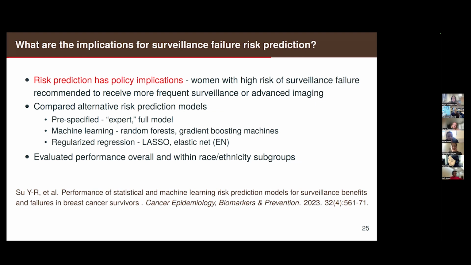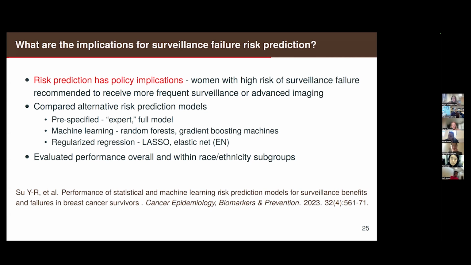So the idea here is mammography works well for women with no history of breast cancer. For women who've already had cancer once, we want to continue to surveil them to see if the cancer comes back or if they have a second cancer. Mammography does not work as well in that population with a personal history of breast cancer. So if we could identify women in that cohort who are at high risk for having their cancer missed by a mammogram, then we could triage them to a more sensitive modality like MRI.